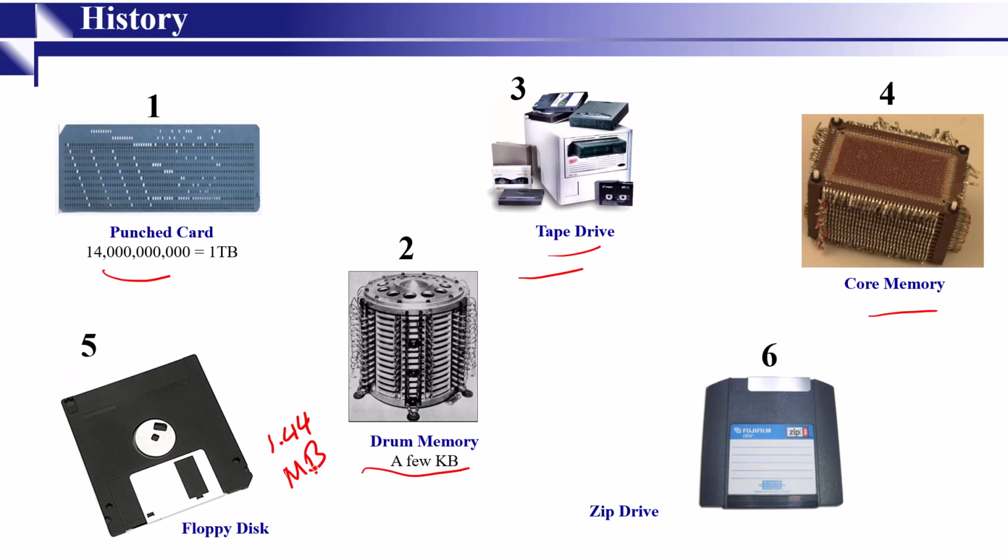After that, the zip drive was introduced. It was a high capacity removable storage device introduced by Iomega. It offered more space than floppy disks, and the capacity of the zip drive was up to 750 megabytes.